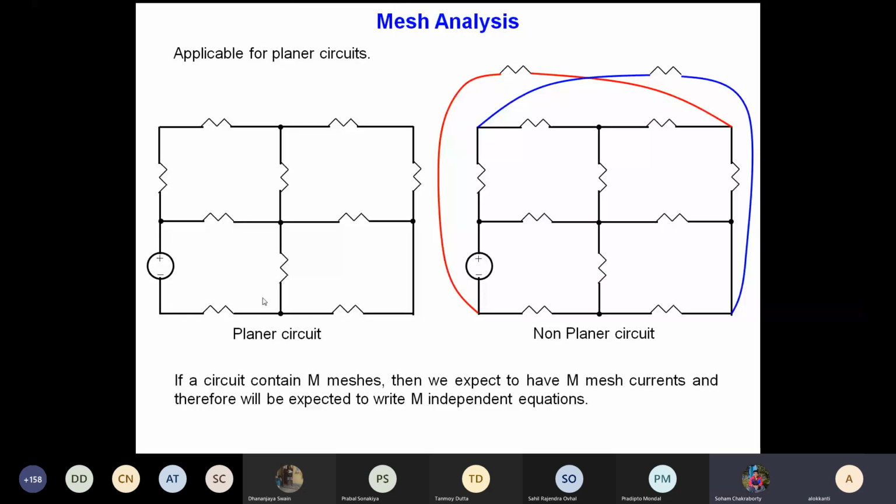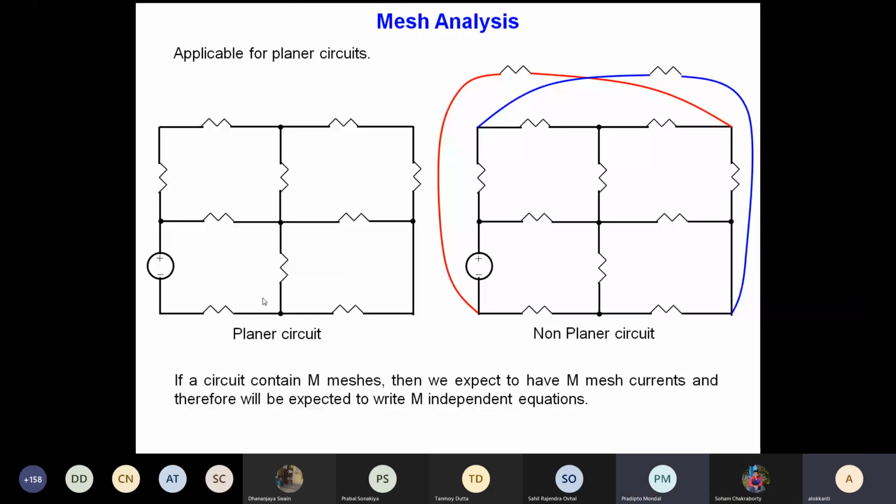But sir, we can always define a shortest loop, right? So we can define a mesh even in non-planar. You can try out, because it will involve more variables and fewer equations. Okay, understood.